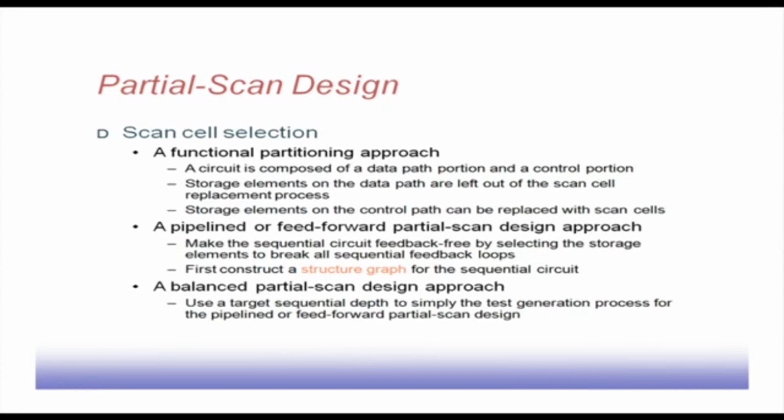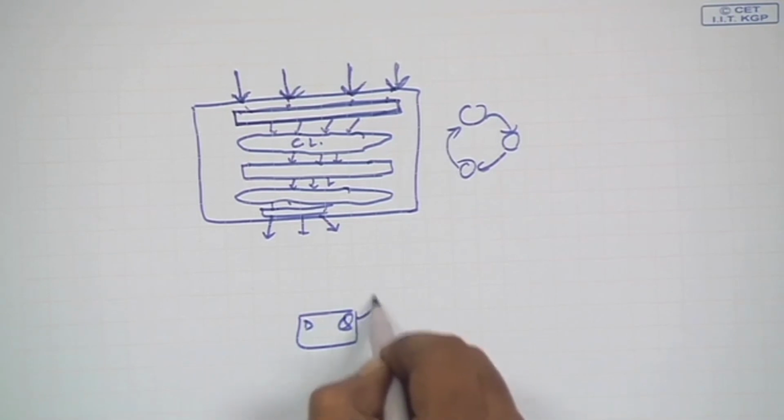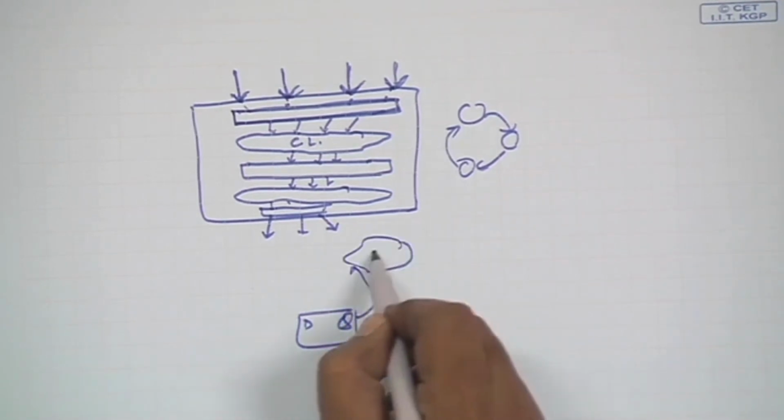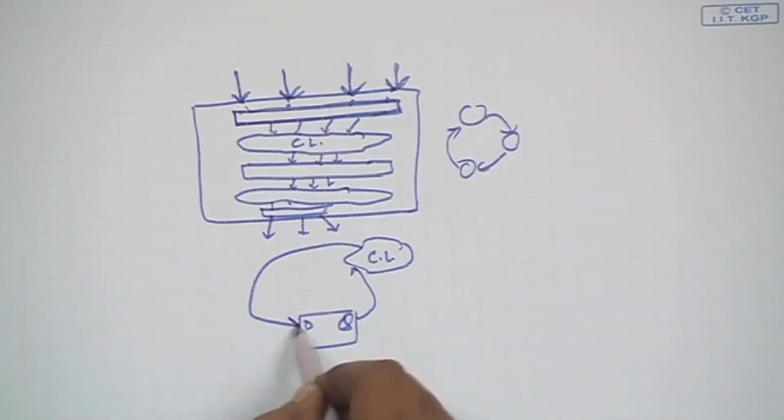The second point is a pipelined or feed forward partial scan design approach. It says to make the sequential circuit feedback free by selecting the storage elements to break all sequential feedback loops. Like if we find that there is a flip flop here, and its Q output is feeding some combinational logic, and this combinational logic output is again feeding the D input.